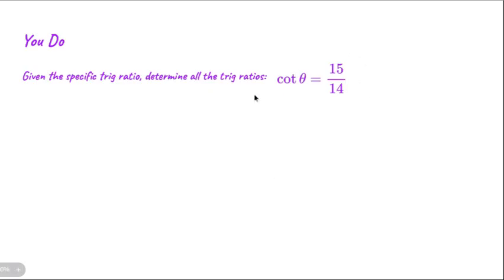Okay, so cotangent. Now let's remember, we're not actually given one of the three primary ones in our mnemonic. We're not given sine, we're not given cosine. So SOH CAH TOA. But we are given the reciprocal of tangent.